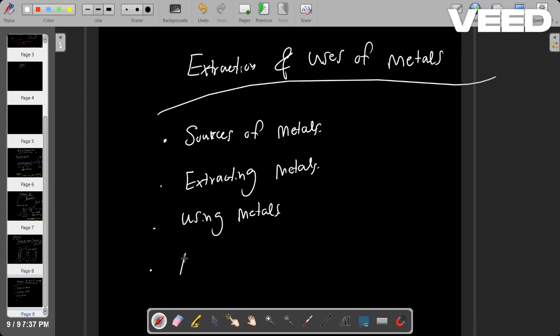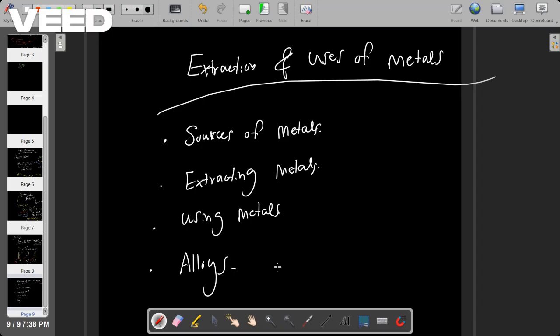Alloys means mixed metals. These are the topics that will be covered under extraction and uses of metals. I'm going to stop the class here, and next day we'll continue from sources of metals.